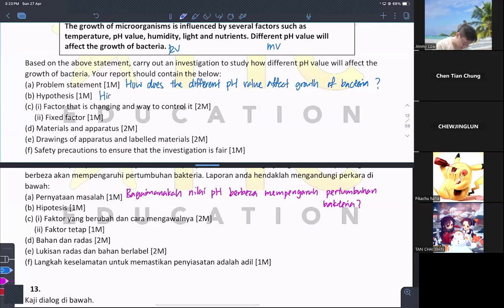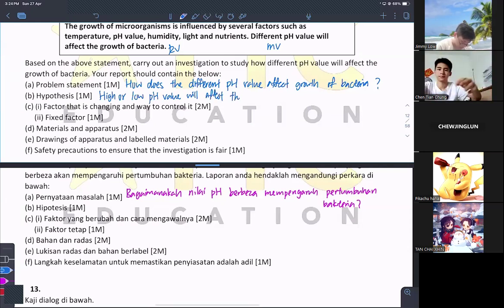You can say, okay, high or low pH value will affect the growth of bacteria compared to normal pH.